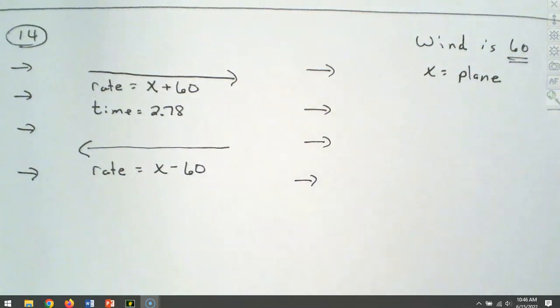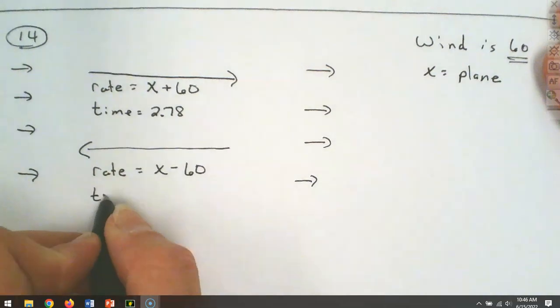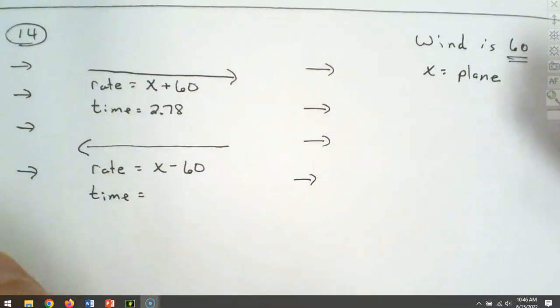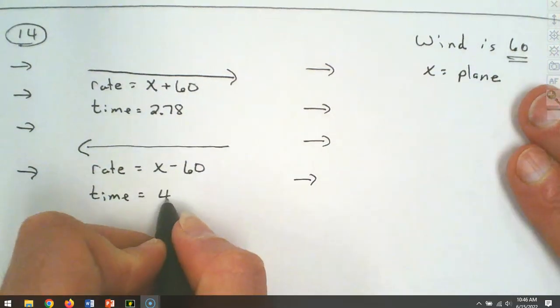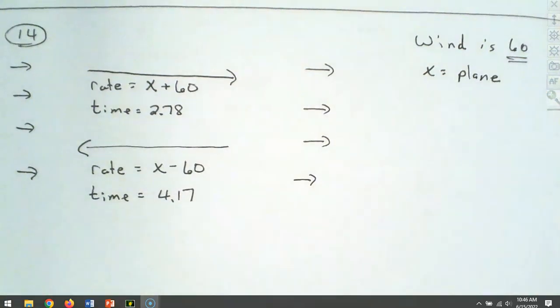And since that wind is going to slow it down when it comes back, that's going to add a little bit of time to it, and that means my time coming back is 4.17 hours. Is everyone okay with that? So we see how this one's set up, right? The wind is either going to add to it or subtract from it.